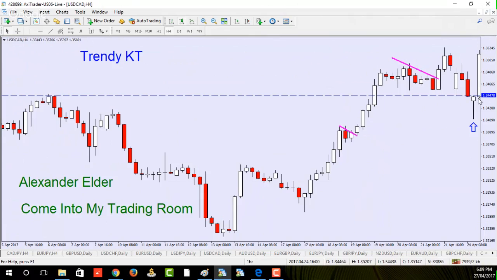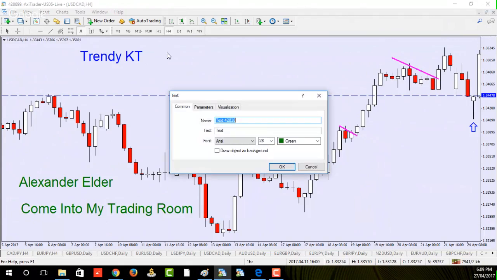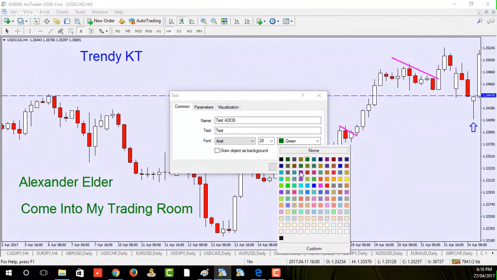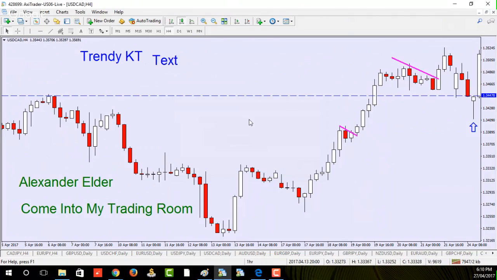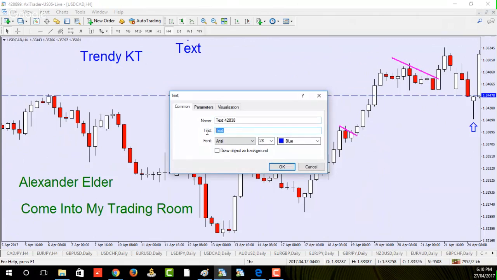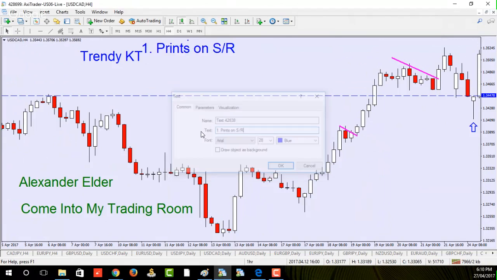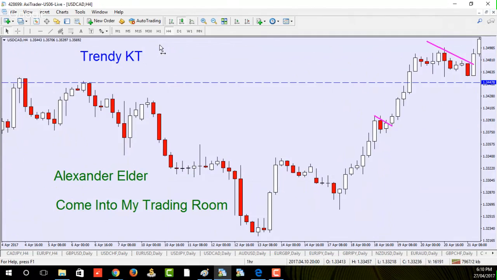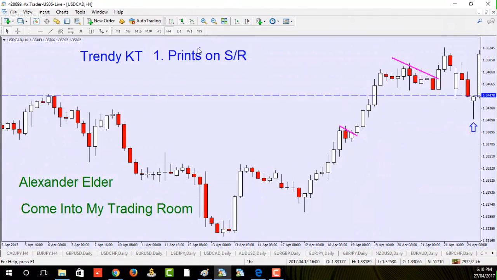But this would certainly qualify as a trendy kangaroo tail because, and I'll mention it again here, it fits all of these criteria. Now, bar one, there's one that it doesn't fit. So this is not a perfect example, but it was on the chart that I was on. So one, it prints on support and resistance. Now, you might argue that this one is a little bit beyond support and resistance.